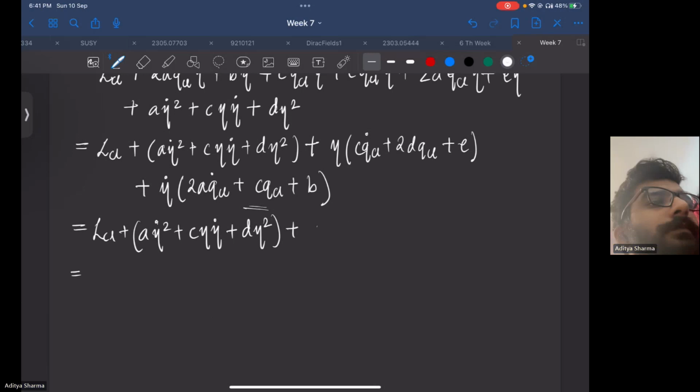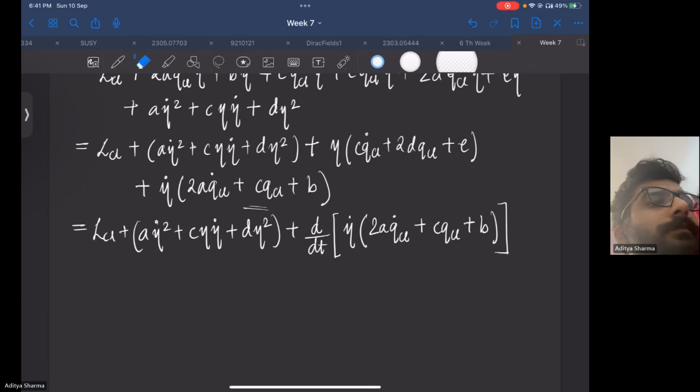Okay, so what I will do is d/dt of η dot A q classical dot plus C q classical B, minus... this is η.